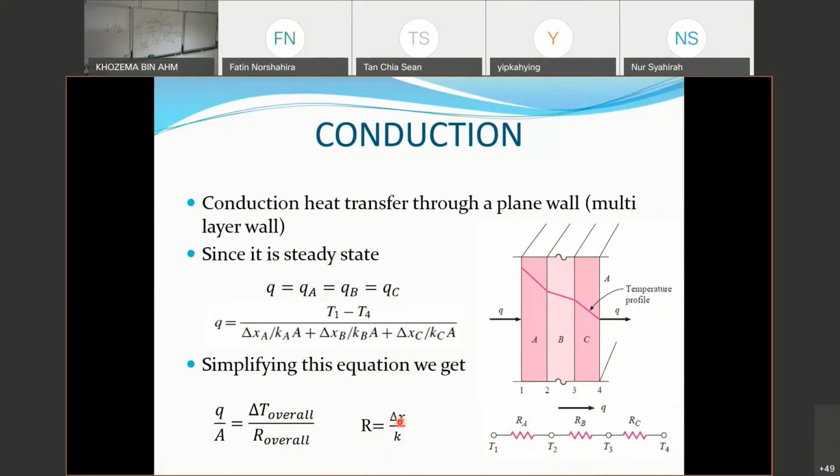R is equal to delta X over K. If you want to calculate the value of RA, it is just delta XA, the thickness of A, over KA, which is the thermal conductivity of A. So R total is just RA plus RB plus RC. That is how you calculate QA, which is equal to delta T over R.